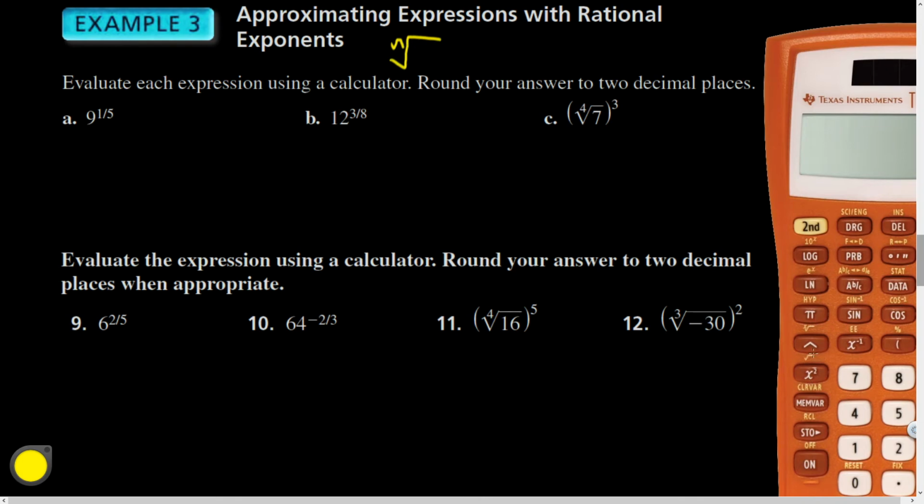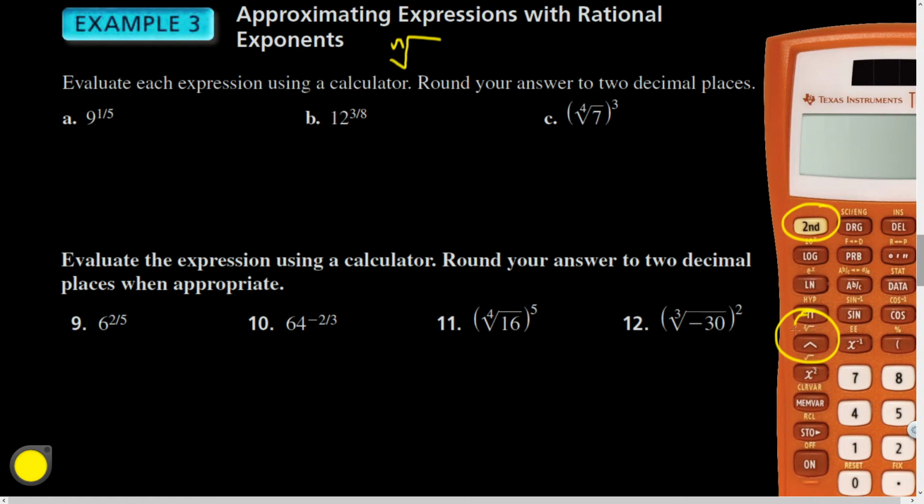And so you'll notice you already had, for calculating square roots, you already had access to the square root feature by hitting second and then the x squared button. And very similar to that, to calculate an nth root, it's going to include hitting second and this button.